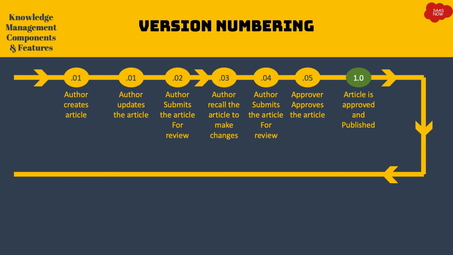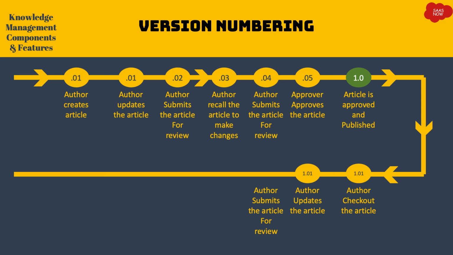If the author wants to perform some changes again and checks out the article, then it creates version 1.01. The author performs some changes and the version remains the same. That means it still stays 1.01. Once the author submits the article for review, it creates version 1.02. The approver approves the article, which creates another version, and that is 1.03.